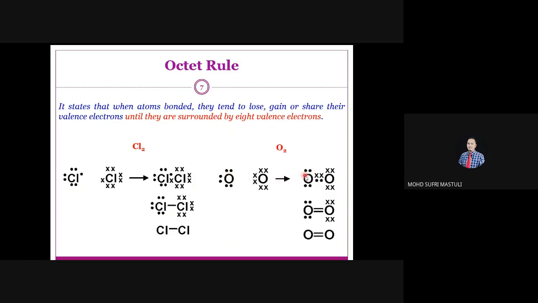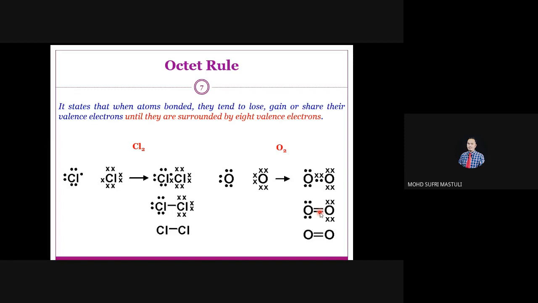So this one shares 2, this one shares 2. As you can see, they are sharing a total of 4 valence electrons. So it means that in oxygen, the bonding connecting the two oxygen atoms is a double bond.